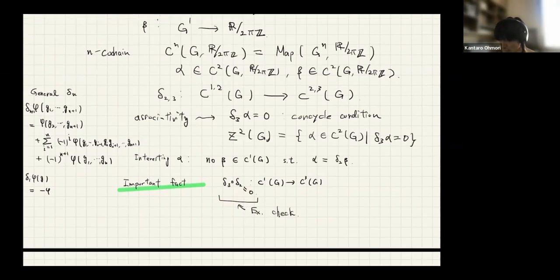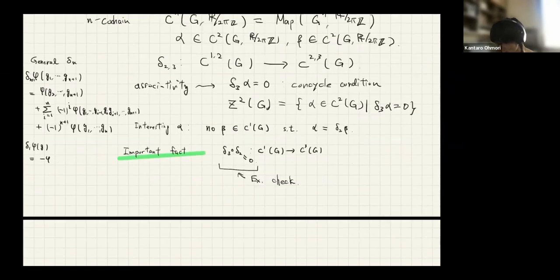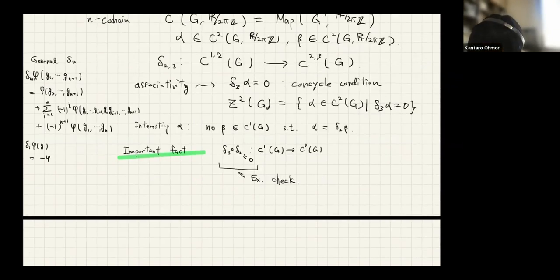Because of this equation, this is called the derivative. C1, C2, C3. If you compose the two, it's 0.